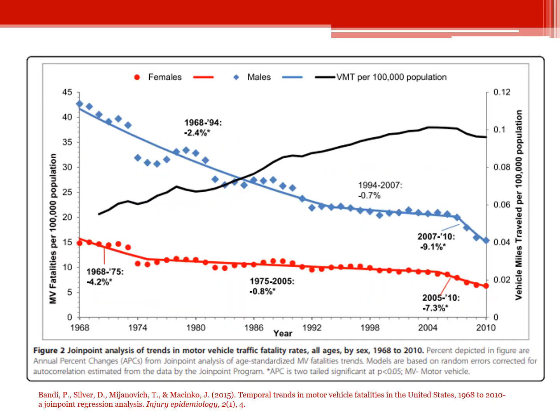The next two slides from Bandy and colleagues are just some illustrations of some of the points that we've talked about up to this point. The solid black line you see is the total vehicle miles traveled per 100,000 people. So this is adjusted for population. If we looked at total vehicle miles traveled, not adjusted for population, it would be even steeper because the U.S. population has increased so much from 1968 to 2010.